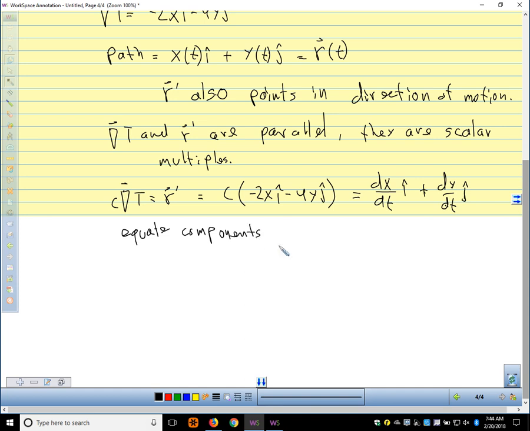Now we're going to set things equal to each other. I'm going to change my mind and put this here. If you have a C there, you could just change this to C1.